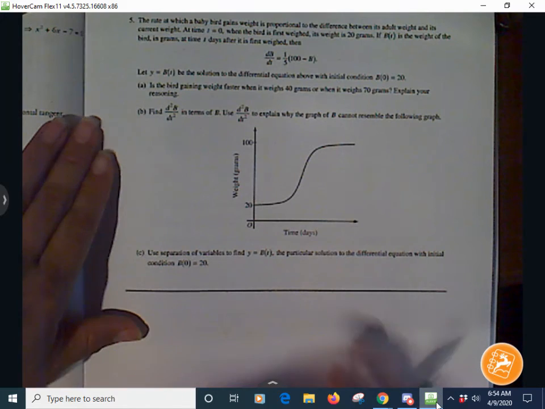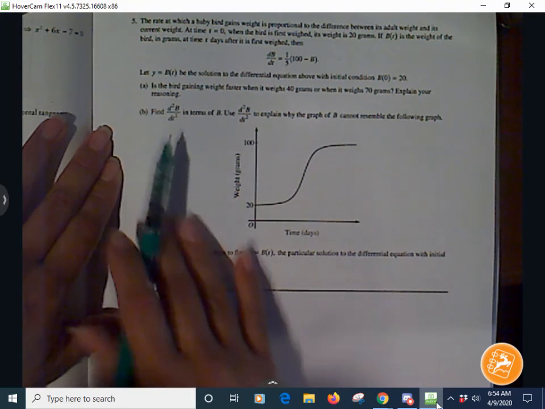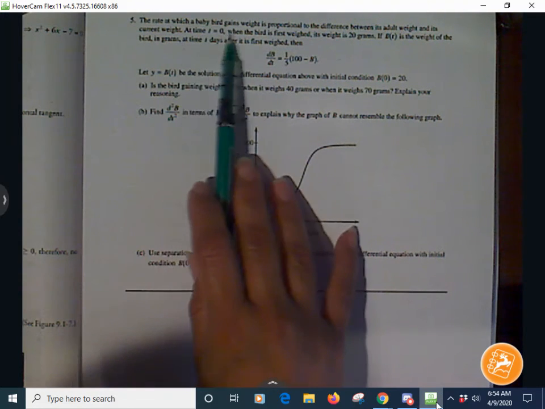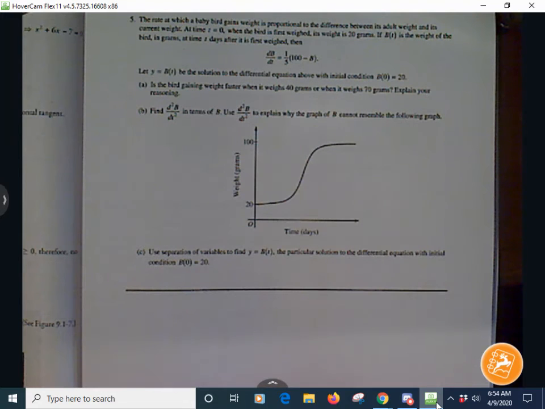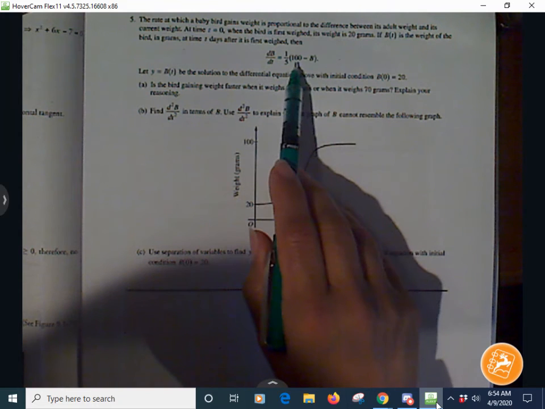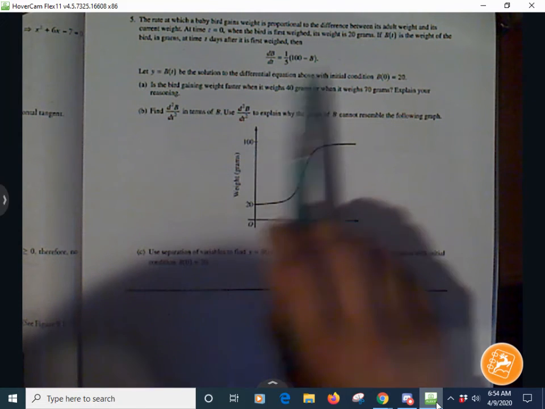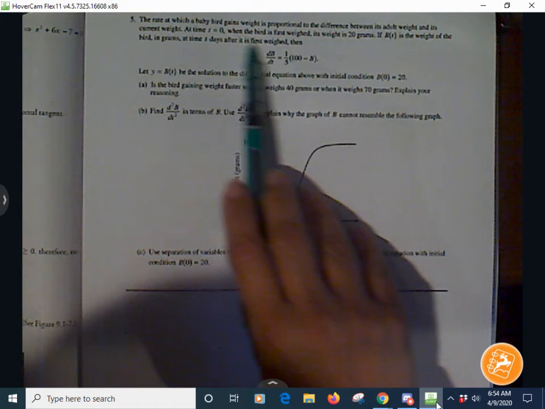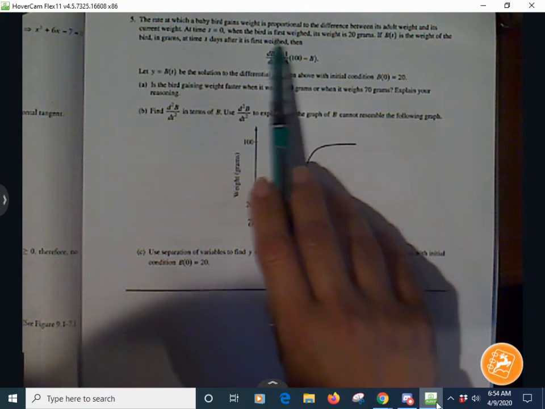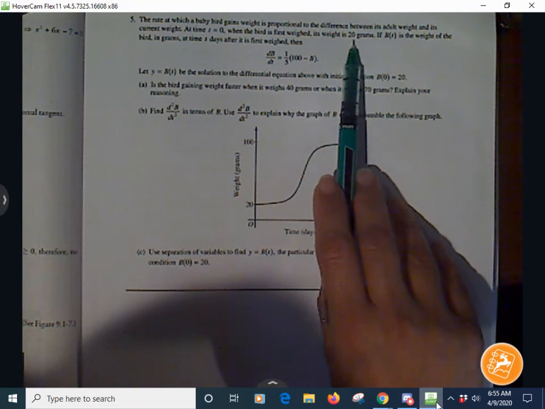Okay, it says the rate at which a baby bird gains its weight is proportional to the difference between its adult weight and its current weight. So I'm guessing the adult weight would be 100 and its current weight would be your B. At time 0, when the bird is first weighed, its weight is 20 grams.